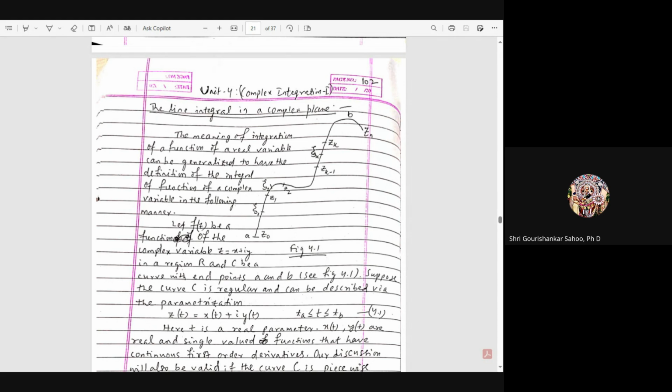The meaning of integration of a function of a real variable can be generalized to have the definition of the integral of a function of a complex variable, in a manner shown here.